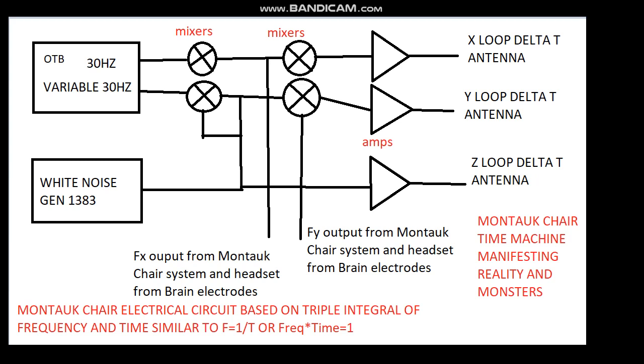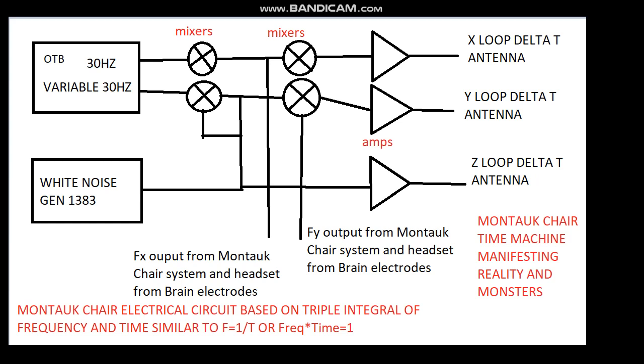And obviously the top one, again, the 30 Hertz goes through a mixer, and then it also gets a signal from the Y output from the Montauk Chair system and the headset from brain electrodes. And so that signal from the brain goes into a mixer.